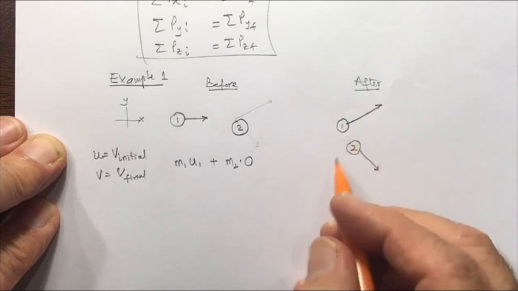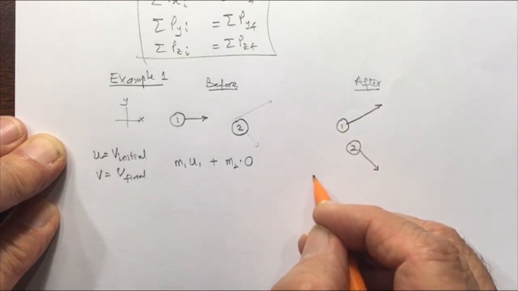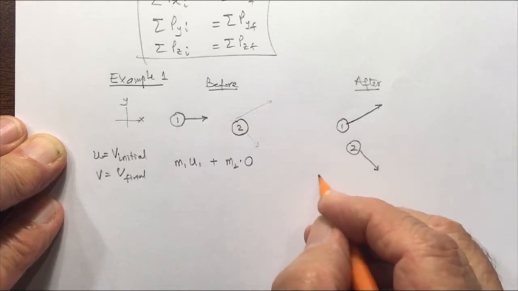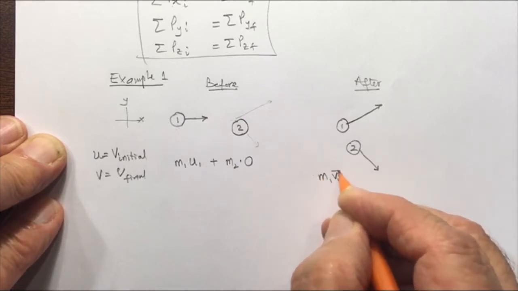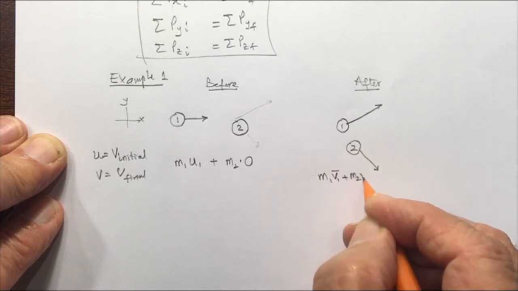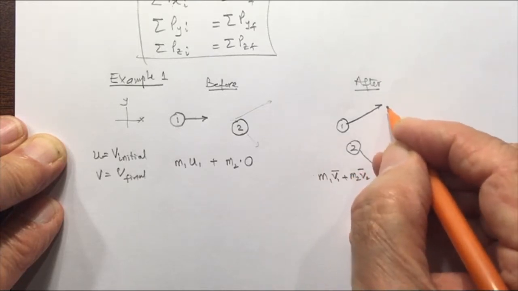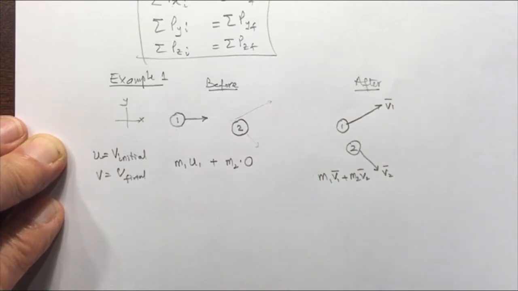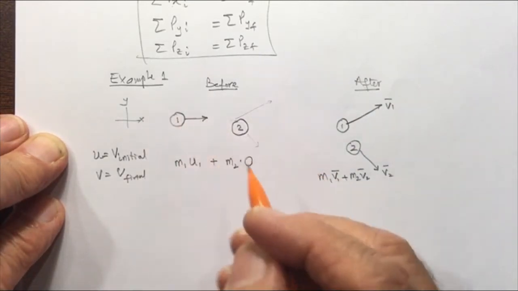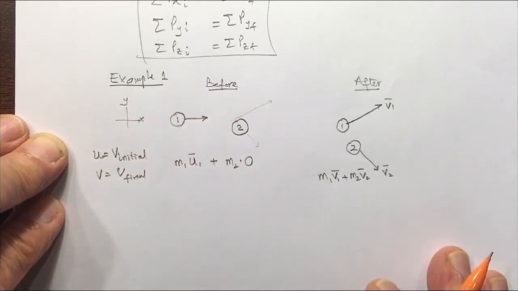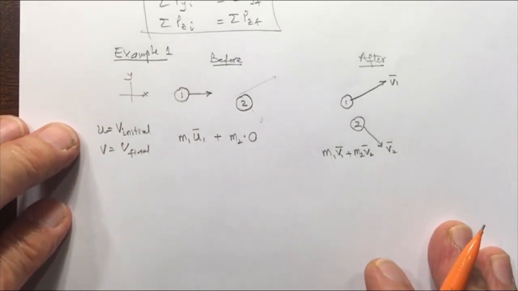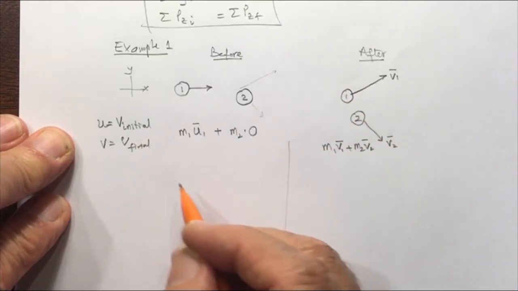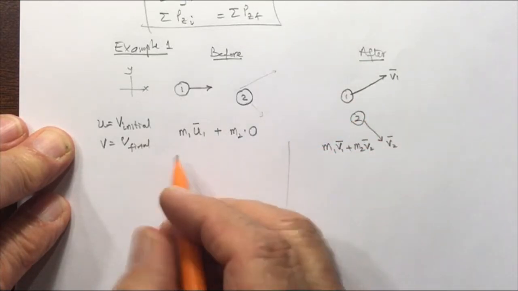And after the collision it is going to be m1 v1 plus m2 v2. v1 and v2 are now both vectors in x and y directions. Here this was purely x direction, so the y component was 0. So let's write them out in their x and y components. On this side I'll write the initial, and here I'll write the final.